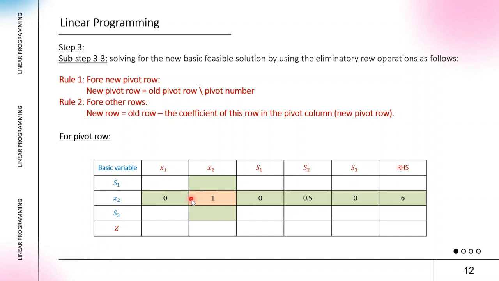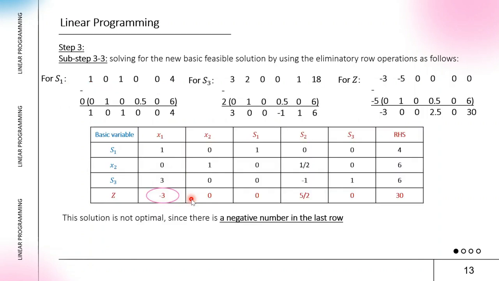This new table shows x2 in the basis and S2 as a non-basic variable. Here we performed a row operation to zero out the pivot column in other rows. For each non-pivot row, as I said, we eliminate the coefficients under the pivot column.